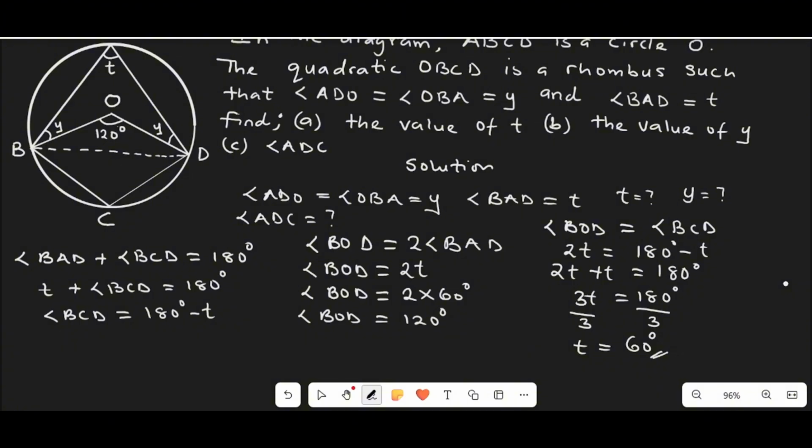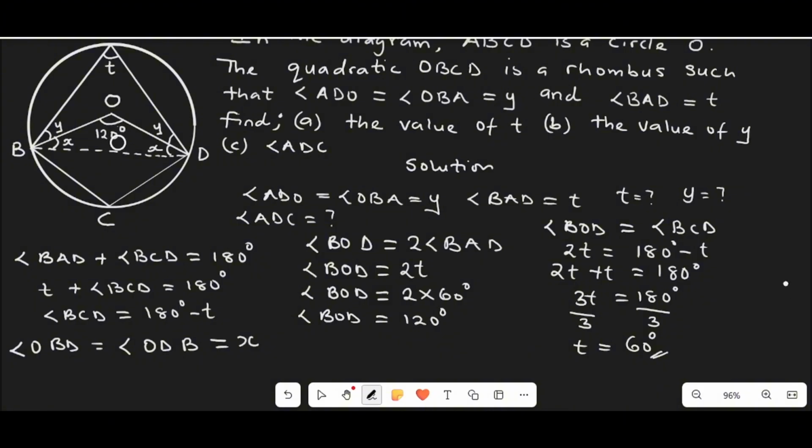So we can say angle OBD is equal to angle ODB, and let both equal x. So this angle is x and this angle is x.